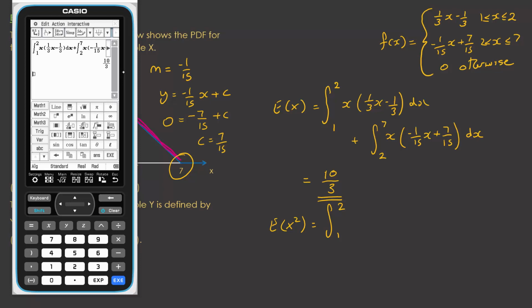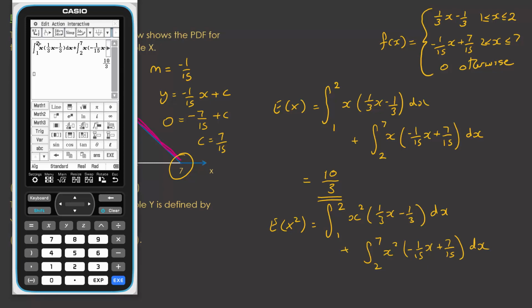Now to get the variance, of course, we need the expectation of x squared, which will be the integral from 1 to 2 of x squared times (1/3 x take away 1/3) dx, plus the integral from 2 to 7 of x squared times (negative 1/15 x plus 7/15) dx.